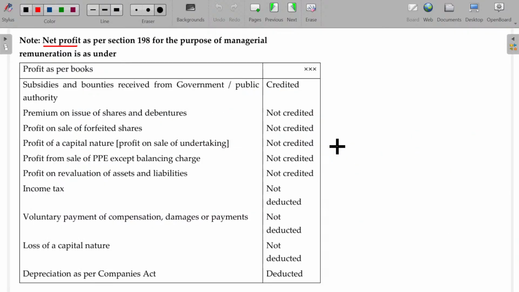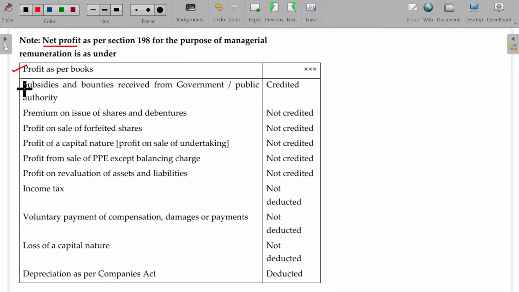So as per section 198, how do we calculate the net profit for managerial remuneration purposes? We start with the profit as per the books, like the PGBP calculation. This will be a very rare question, but anyhow, you have to know some bit of knowledge.